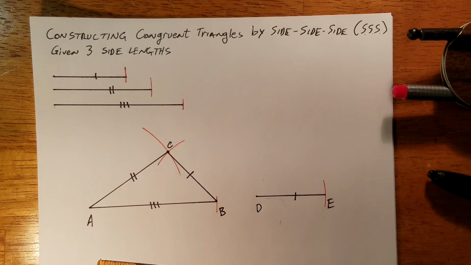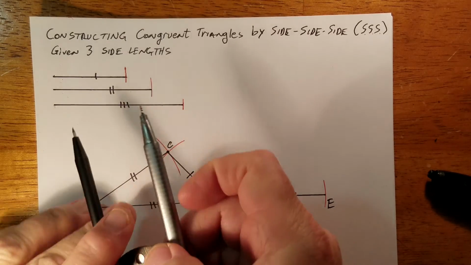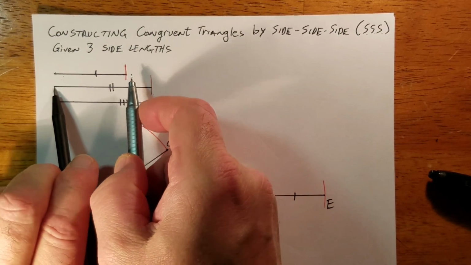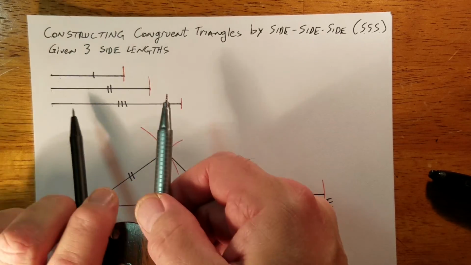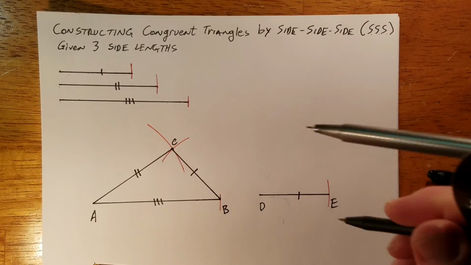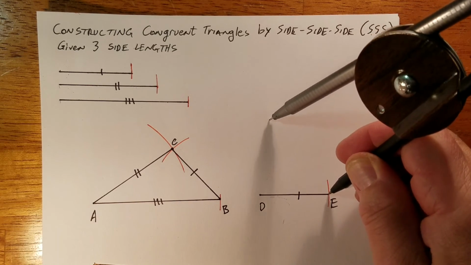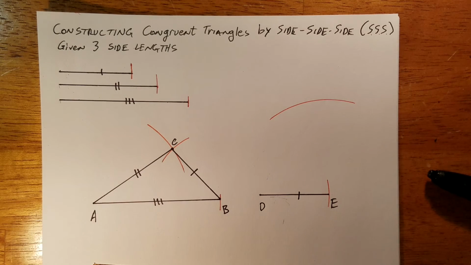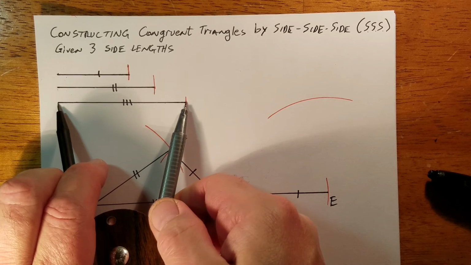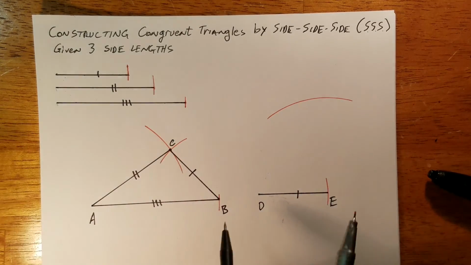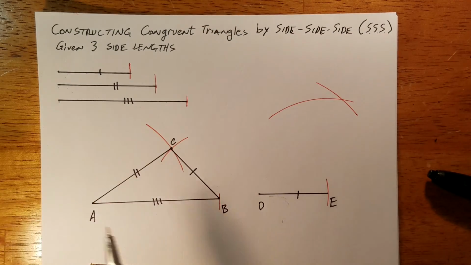And now we have to use our compass to copy the lengths of the other 2 sides. It doesn't really matter what order you do it in. I can attach this. How about if I put it on point E? And make an arc. And finally, I need to measure the distance for the long side, attach it to point D, and they cross over there.